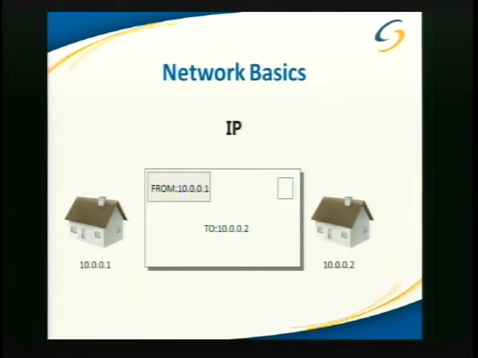So instead of saying 123 Sanity Lane or whatever, you would have 10.0.0.1, and over here you've got 10.0.0.2, and if you were going to send a packet from 10.0.0.1 to 10.0.0.2, you're going to send it just like you would an email or a message. I guess you would call it snail mail now, if people actually still use that stuff.